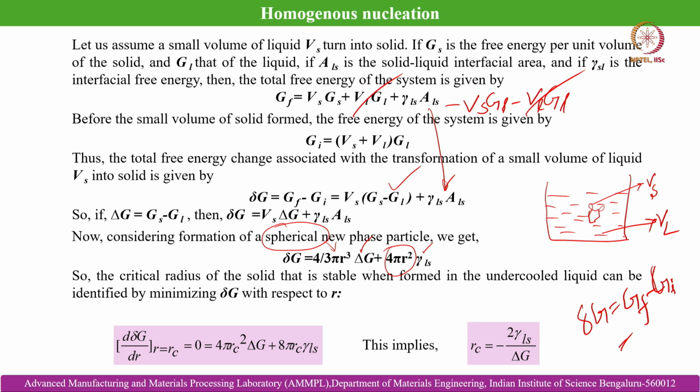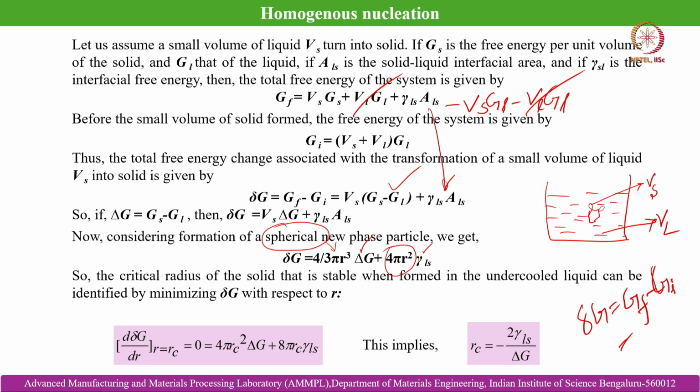The critical radius of the solid that is stable when formed in the undercooled liquid can be identified by minimizing delta G with respect to r. So, if we do the differentiation of the free energy change delta G with respect to r, that means d delta G by dr at r equal to rc, and equate it to 0, then after rearranging the terms, we get that rc, the critical radius of nucleation, is equal to minus 2 gamma LS by delta G. Here gamma LS is the liquid solid interfacial energy and delta G is the volumetric free energy change.